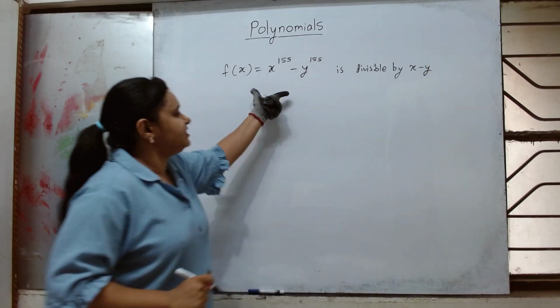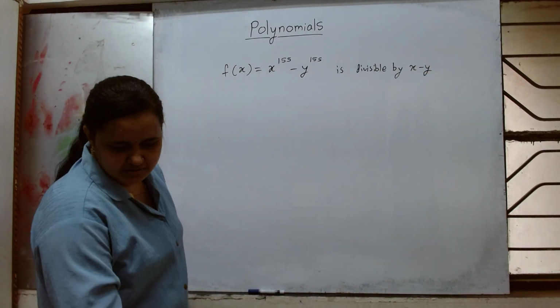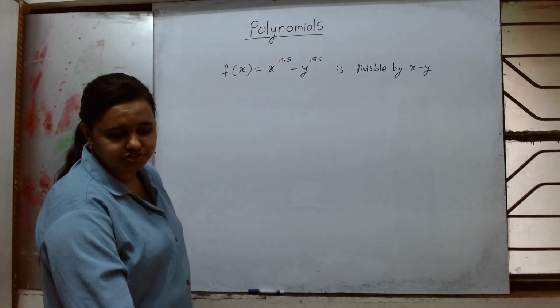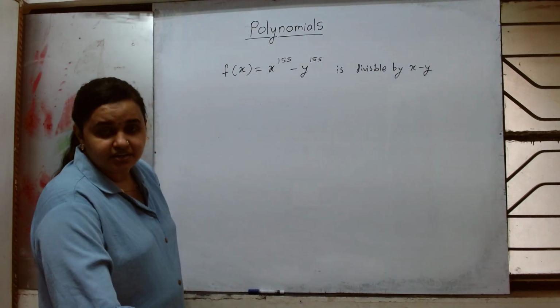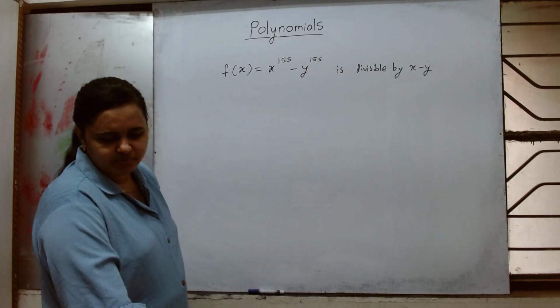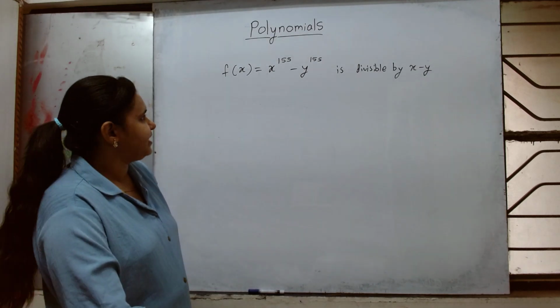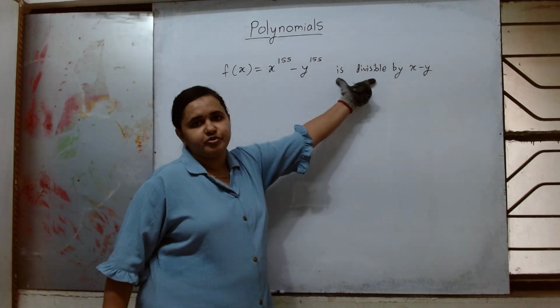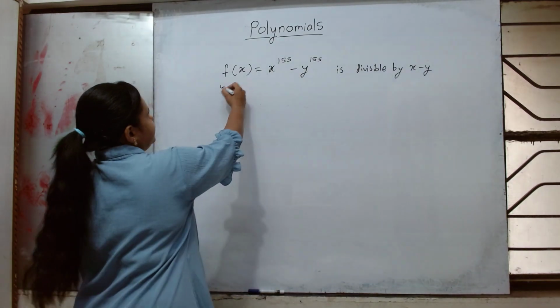We have just seen an example like this. Check question 8 second. We have just solved this example. a to the power m minus b to the power m is divisible by a minus b. It is the same question. So it is a true statement.